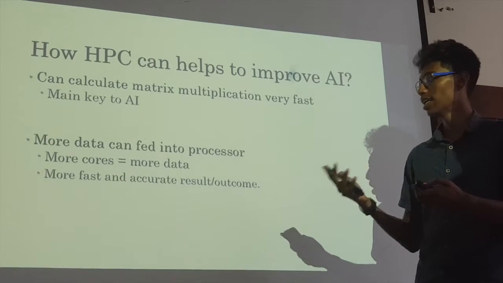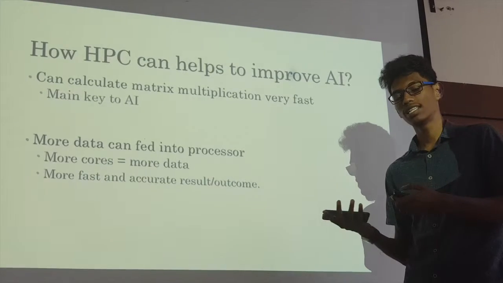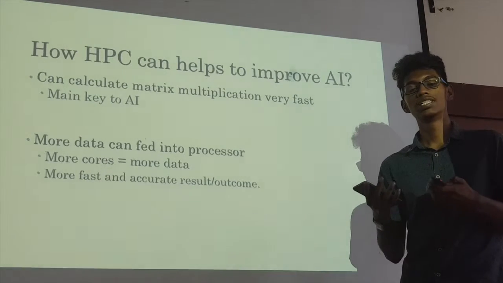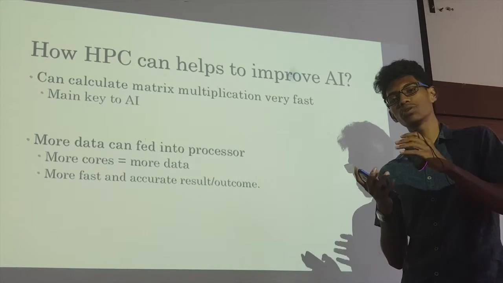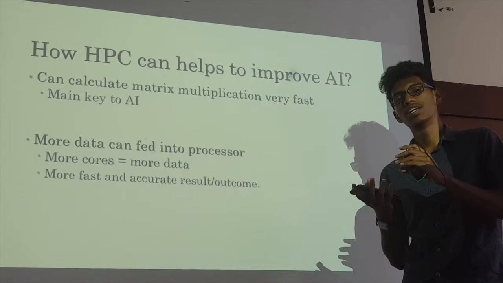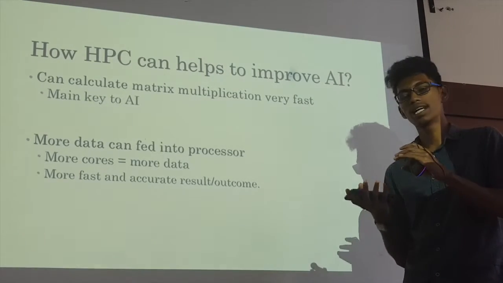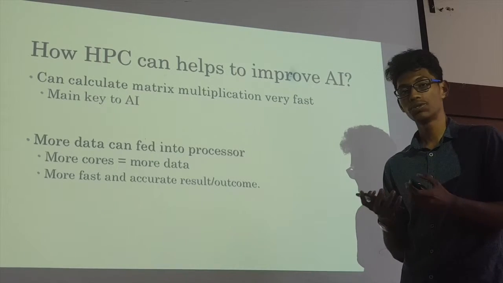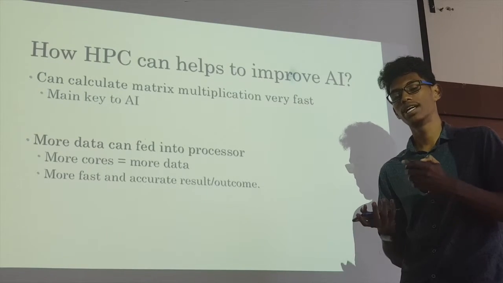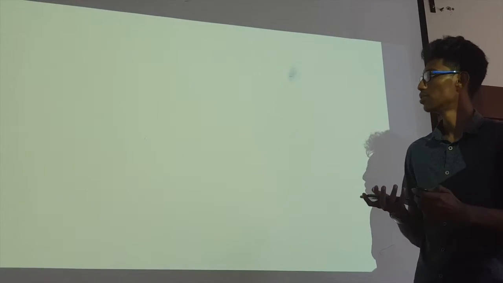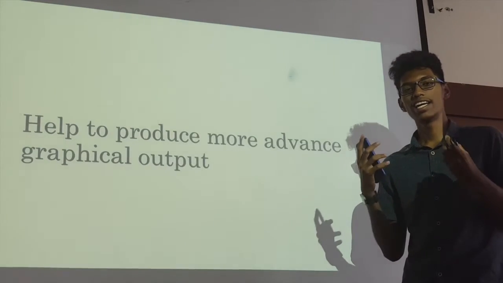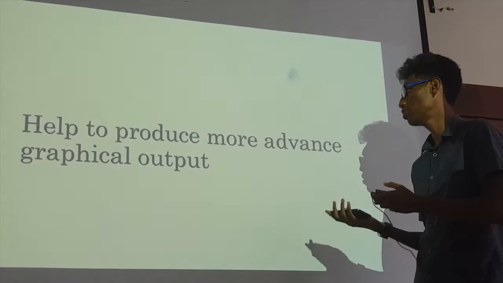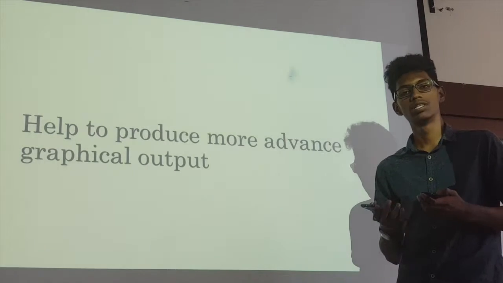Next, it can feed more data into the processor, where the concept is more cores inside the processor, so more data can be transferred into the processor and be processed. So the result will be more accurate and fast. Next is about how HPC can help to produce more advanced graphical output.